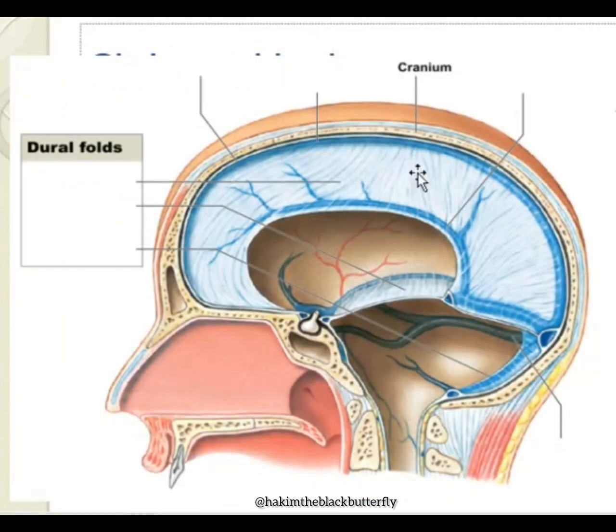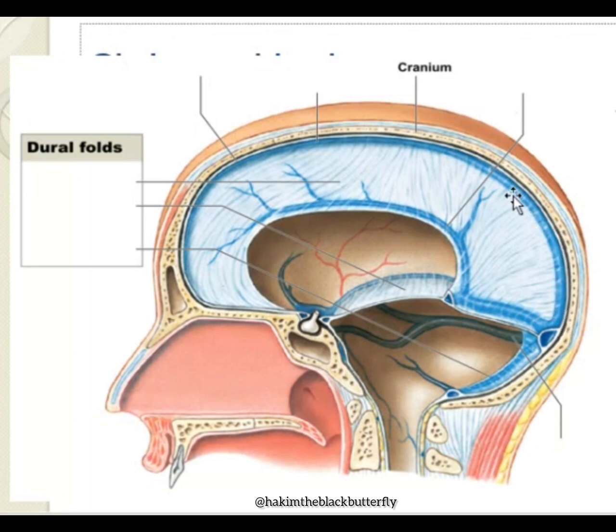So, this is the Falx cerebri. In its upper extremity, there is a channel containing venous blood whose walls are made up of dura mater, and this is what we call the superior sagittal sinus. So whenever I talk about dural venous sinuses, I'm talking about channels containing venous blood whose walls are made up of dura mater.